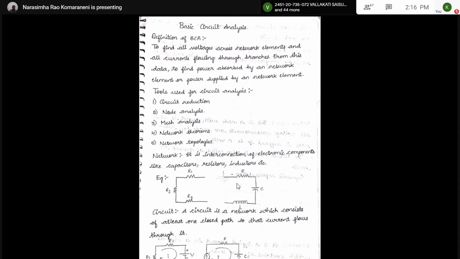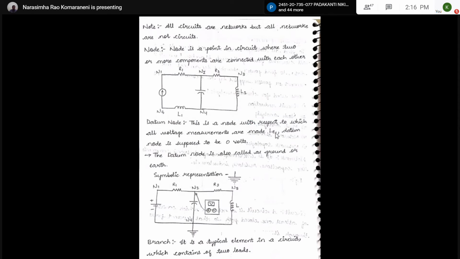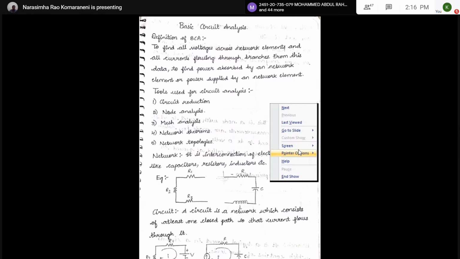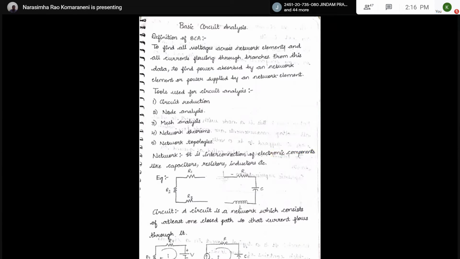A network is the interconnection of electronic components. So what are the electronic components? Anybody can answer? How many types of electronic components are there? Basically, electronic components are classified into two types: active components and passive components.